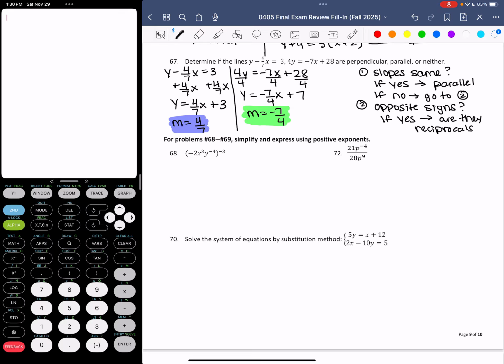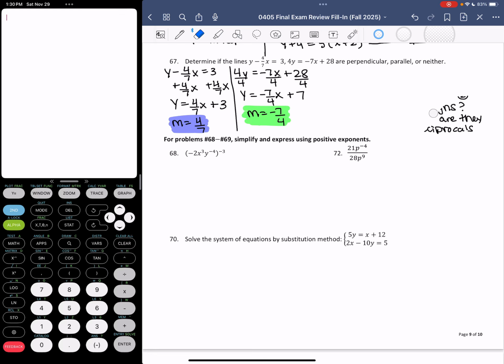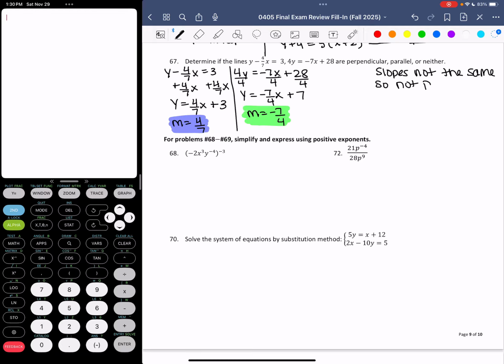So we have opposite signs, yes. Reciprocals, yes. These are perpendicular. I don't know. I'm sorry. I've got nothing. Okay, let's try it. Okay, slopes not the same, so not parallel.